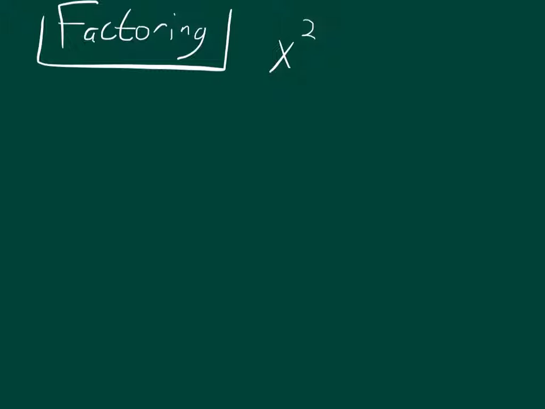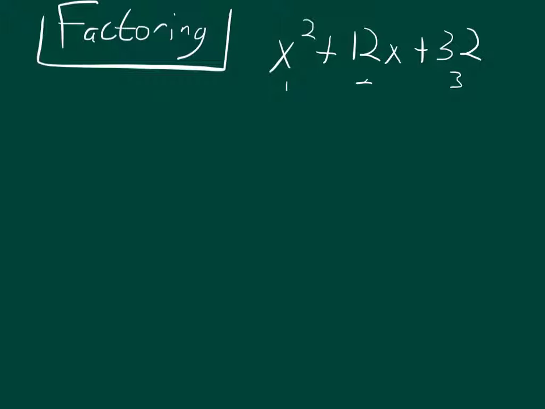Alright, so the one we're going to start with here is x squared plus 12x plus 32. Anytime you're factoring a quadratic or trinomial expression, trinomial because it's got 1, 2, 3 individual parts, you should know that we're going to break this down into binomial pairs, which means we're going to have x plus something times x minus something, or vice versa.